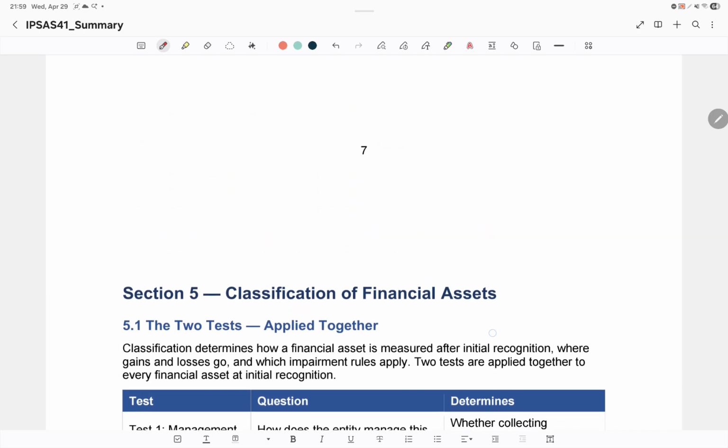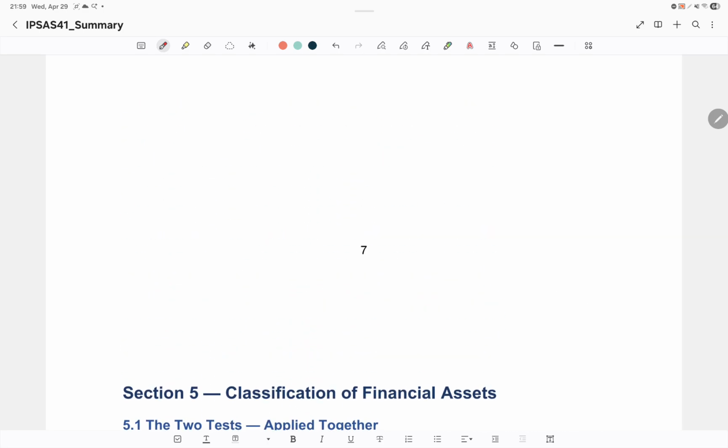For example, let me take you back a little bit. When you buy, for example, a bond, we have two people: the investor and the issuer. For example, National Treasury is the issuer. The investor might be you. And the bond is 2 million.